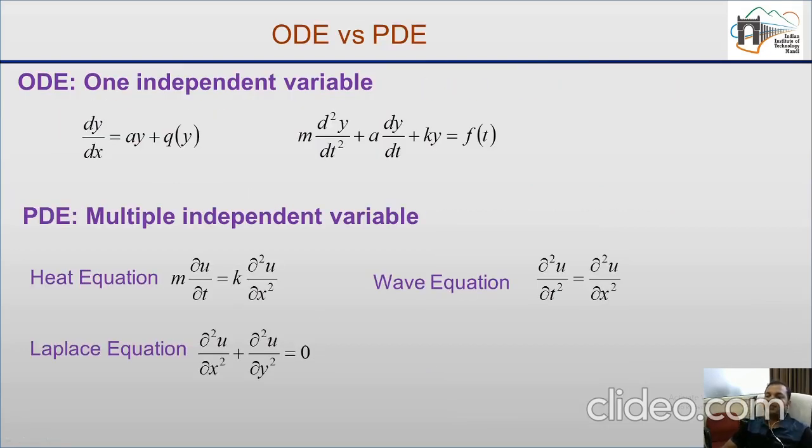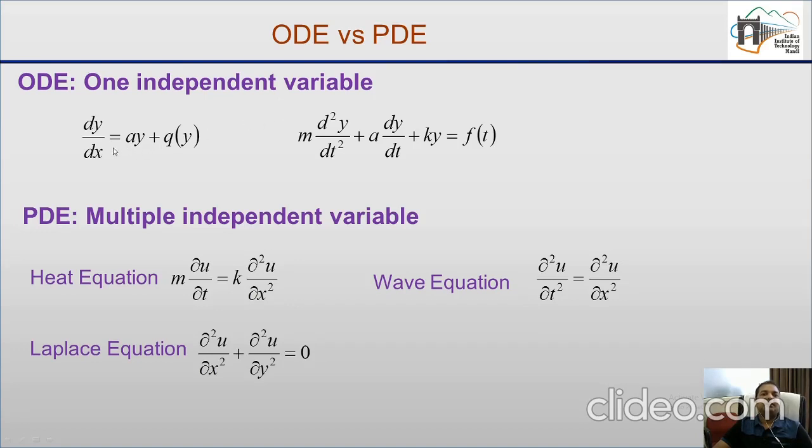So the major content of this course is to solve ordinary differential equations and partial differential equations. So we should know what is the difference between ODE and PDE. Most of you may know, but for other students, I would like to just clarify. This ODE and PDE distinction is related to the independent variables.